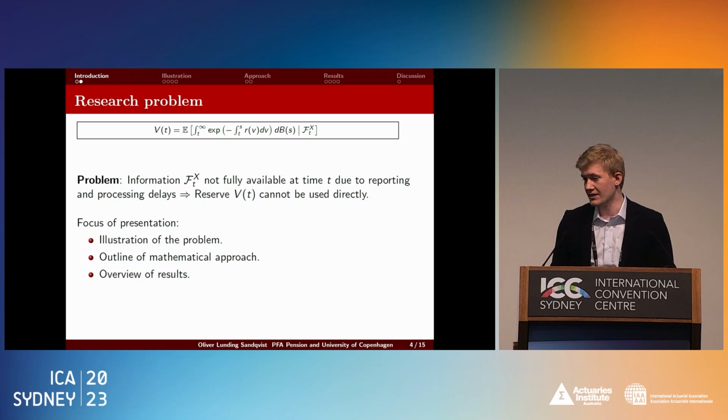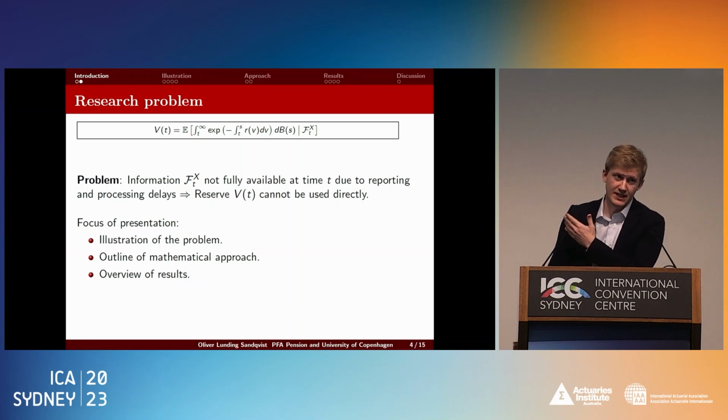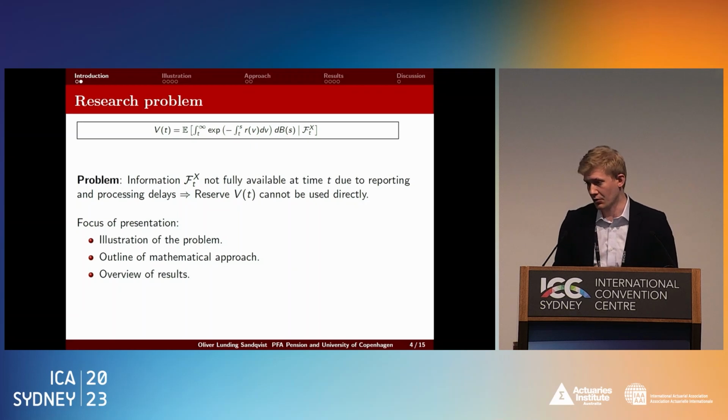And this is usually because there will be some reporting and processing delays of information. And hence, when you do not have this filtration, then you're not able to actually compute this conditional expectation that is your reserve. So you have to do something else. And this is basically what I will present today.